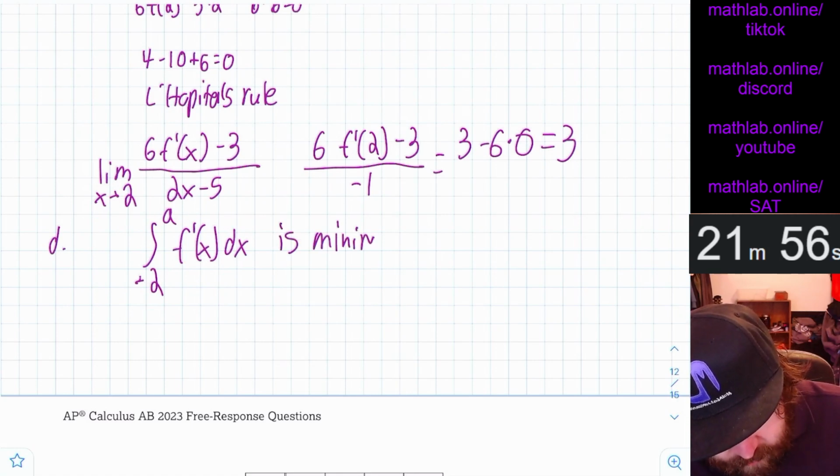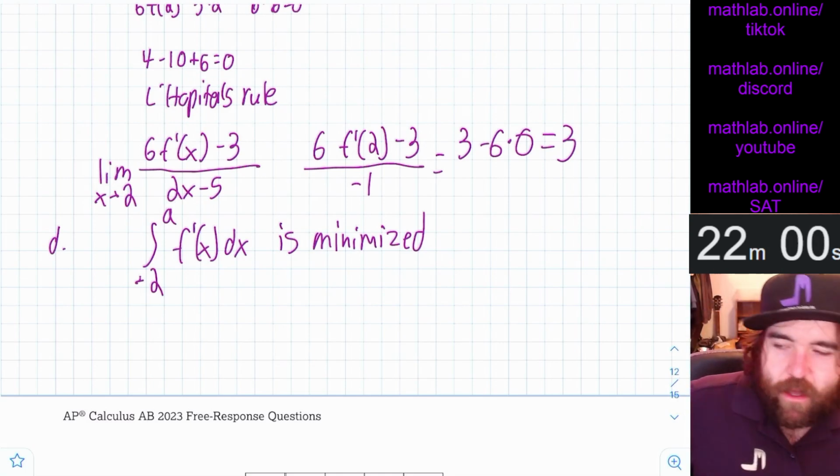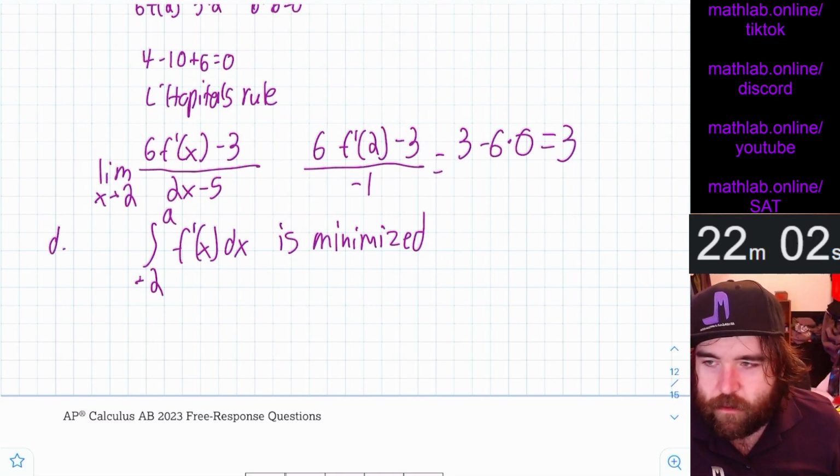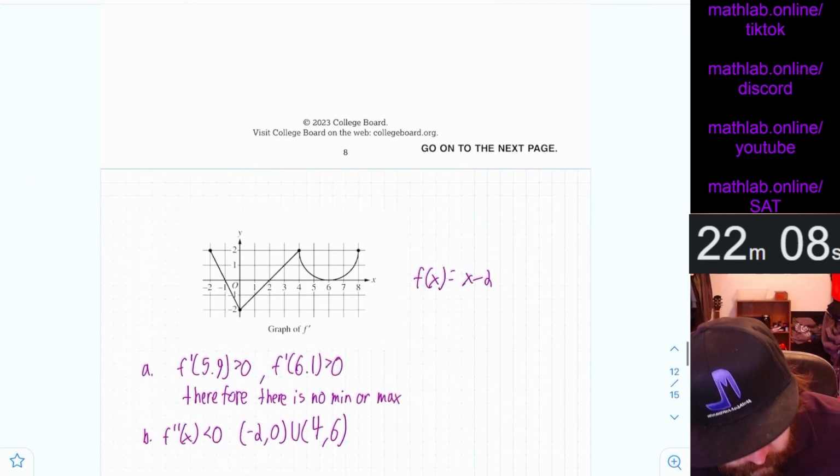Should I actually just use that idea? How do you minimize that? You take the derivative of it? Well, no, because then we're just getting f prime and just checking stuff. So I just want to try to look at it.